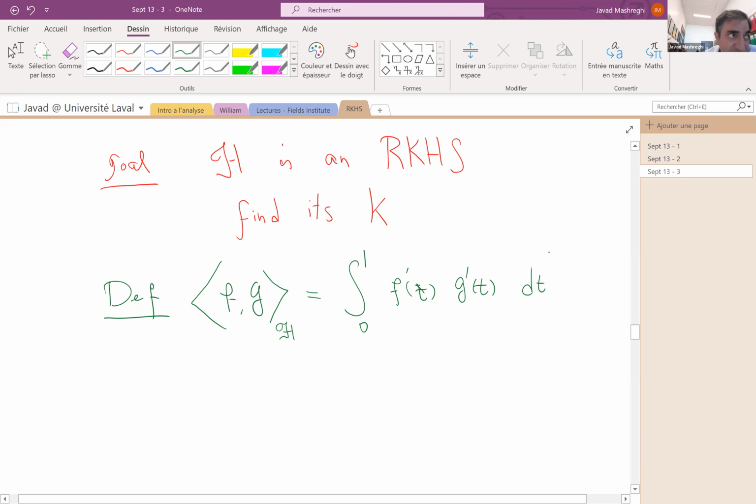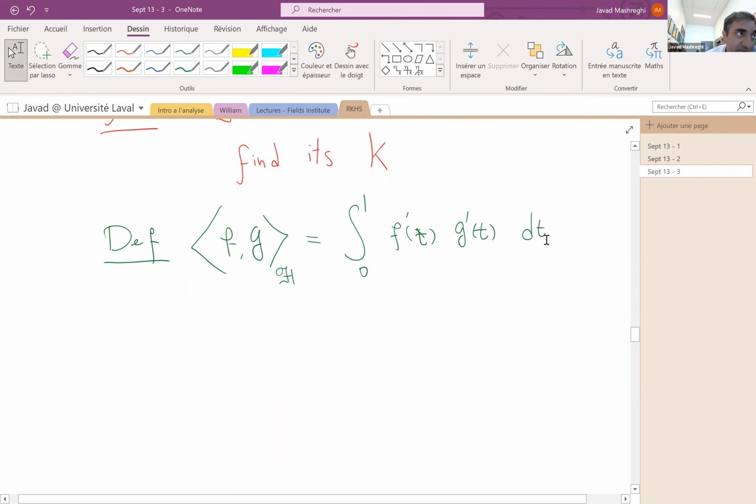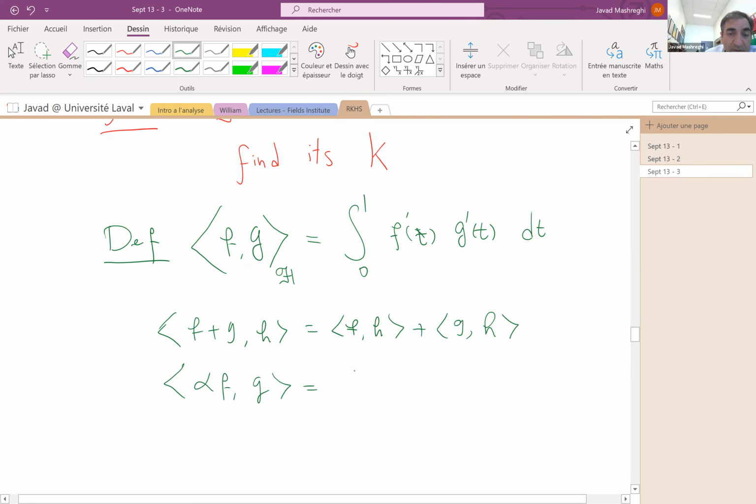Several properties of inner product are easy to verify. For example, linearity with respect to first and second argument, that the scalar multiplication can come out. For example, it's easy to see for f plus g and h. That's elementary. Or alpha times f and g is equal to alpha times the inner product of f and g.